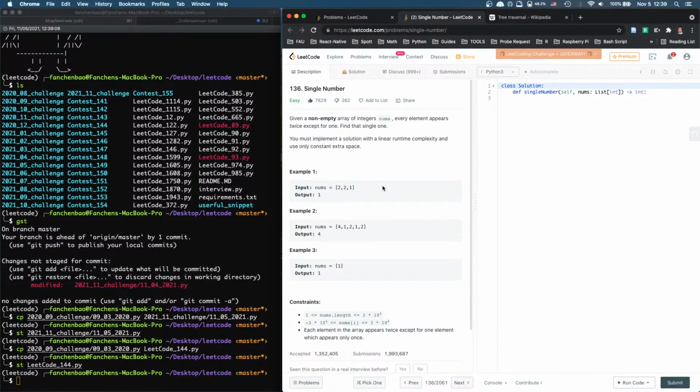In here, use constant runtime. How do I do constant runtime?